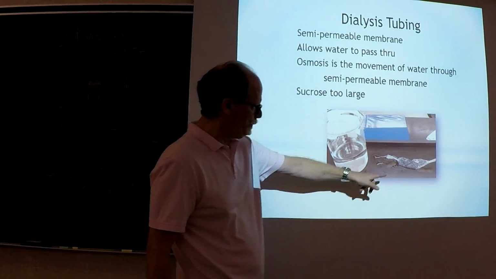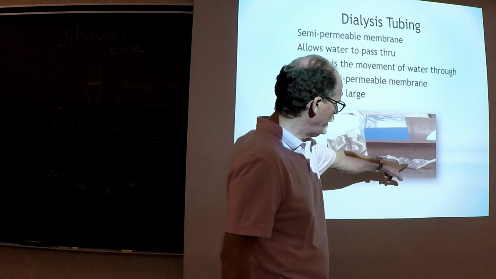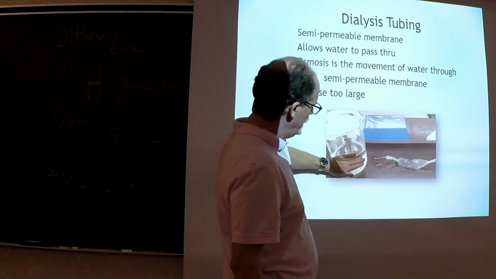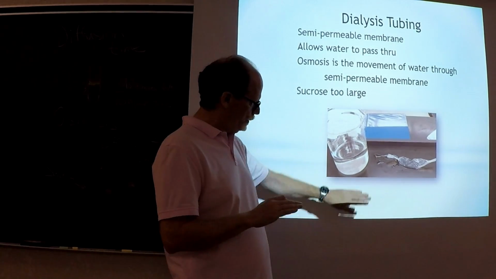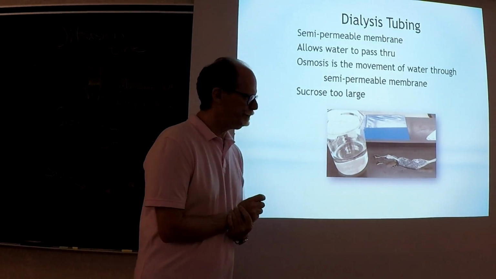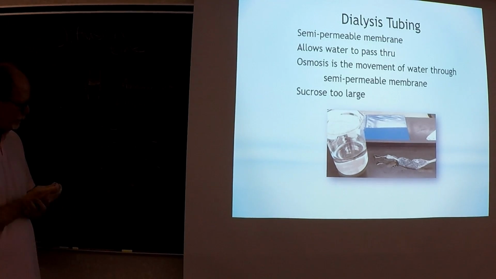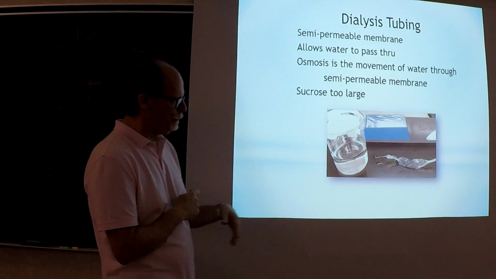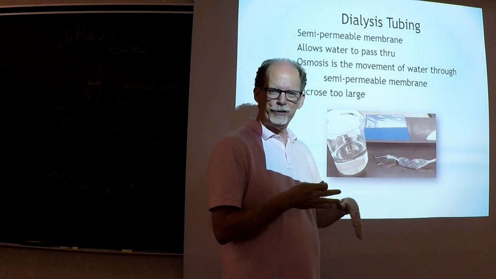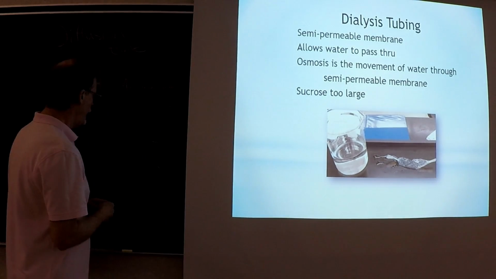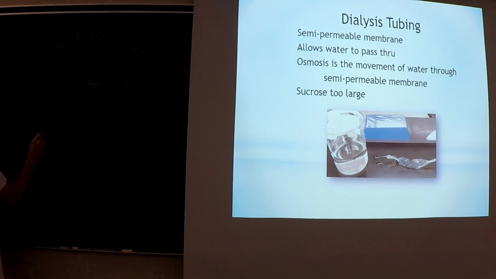We just put this bag containing sucrose into this water-only beaker. So what happens over time, you leave that in there for an hour. We would have weighed the bag before we started the experiment, and it usually starts out weighing about 10 grams because we have 10 mils of water in it and a little bit of sucrose.